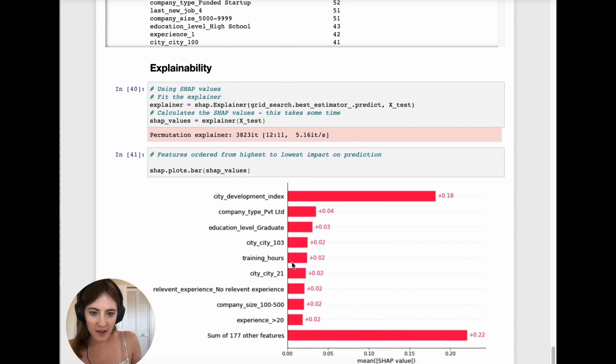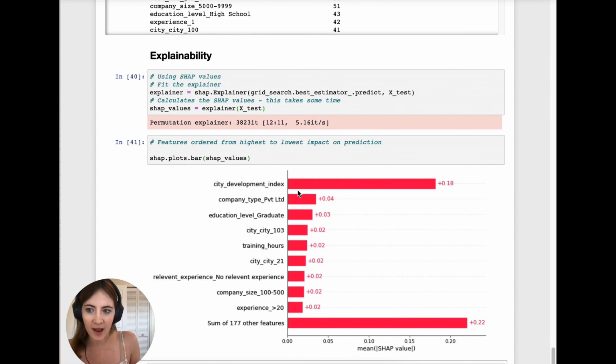We can see that City Development Index, along with those working for a private limited company, and let's see what else, education level graduate, City 103, training hours, these are all popping as some of the most impactful features being used by the model to make its prediction.